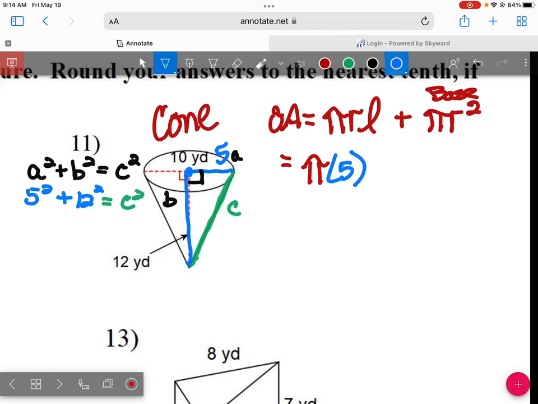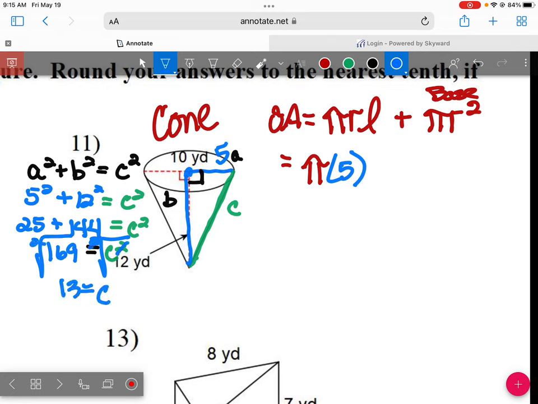So 5 squared is 25, 12 squared is 144, equals C squared. Put those together, I get 169 equals C squared. Take the square root, and I get C equals 13.